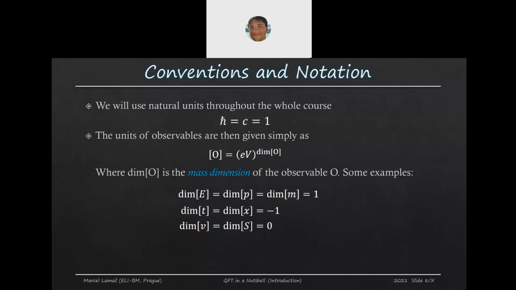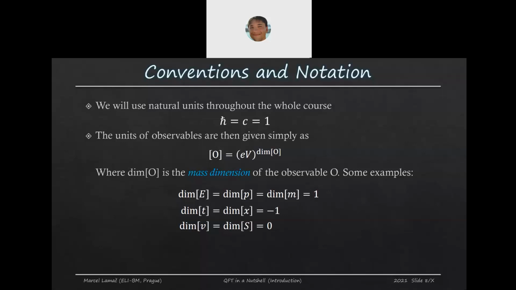Then, for example, the mass dimension of the velocity is the mass dimension of length divided by time. So that's actually the difference of these two, and so the mass dimension of velocity is equal to 0. The same is true for the mass dimension of action, which is also equal to 0.